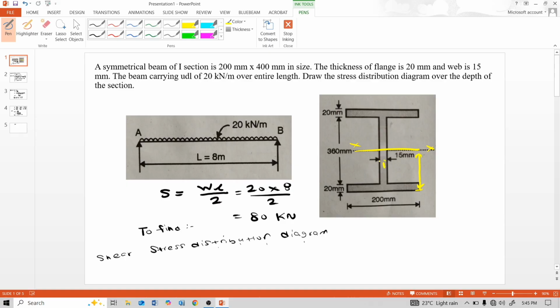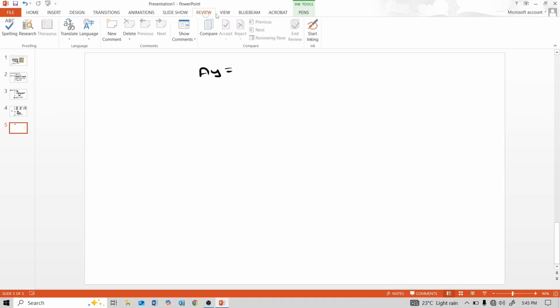Let us consider this web portion as 1 and this flange portion as 2. So A1Y1 is the area of the web portion below the neutral axis, plus A2Y2 for the flange portion.